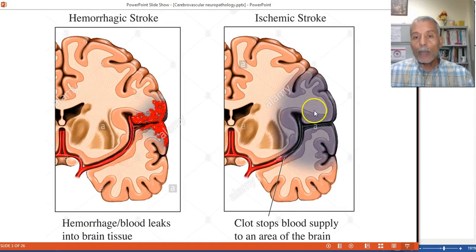So there are limits in time, and when you look at an area like this, there's a center that has dead tissue.